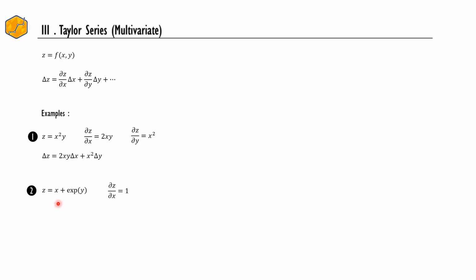Partial derivative with respect to x would be 1 because this is a constant. Partial derivative with respect to y is e to the power y because x is a constant. Derivative of constant is 0. All right, we get this, and then we can just plug it in. So 1 times delta x plus e to the power y times delta y. Simple.